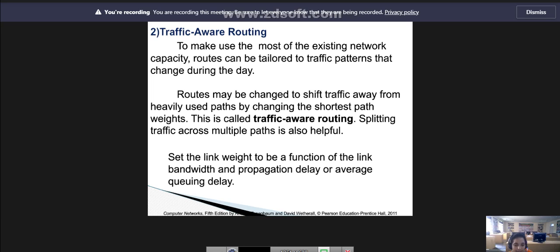The least weight path will then favor paths that are more lightly loaded, all else being equal. For example, consider a network divided into two parts, east and west, connected by two links, east and west.